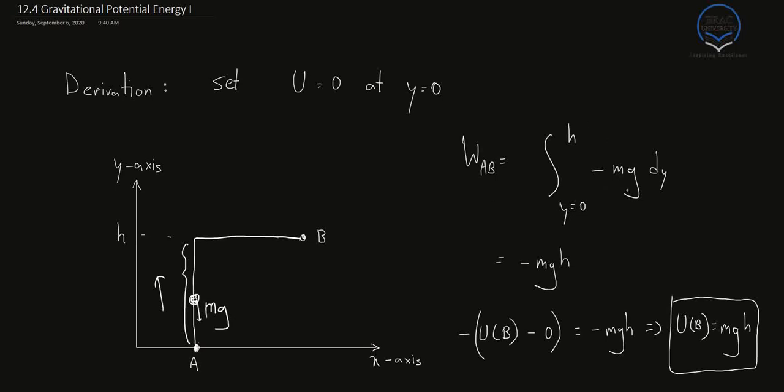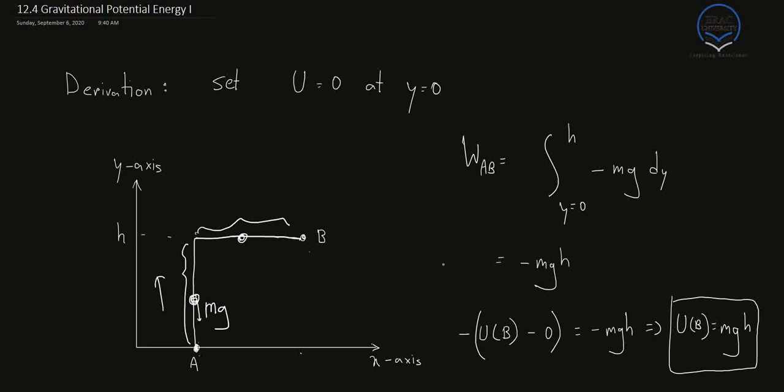So you have this negative work done, and along this segment of the path, the work done on this mass by the gravitational field is of course 0. So obviously the work done W_AB equals minus mgh. Notice that this horizontal displacement from the initial position does not matter at all. It's only this vertical displacement that comes into play.